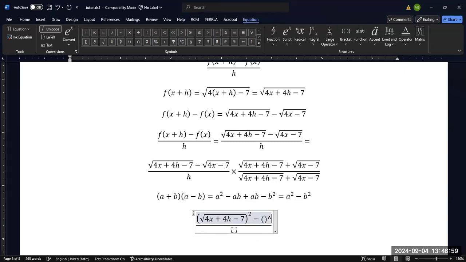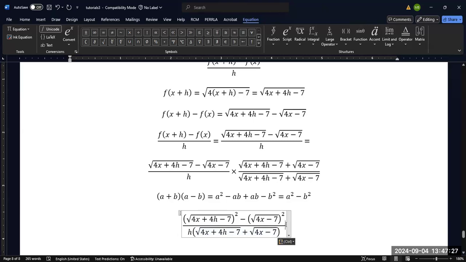And then our b expression is this guy, and we're also going to square it: a squared minus b squared. In the denominator, we're still going to have h and this entire expression. Don't bother distributing because you'll just have to factor the h back out again. Leave it alone.